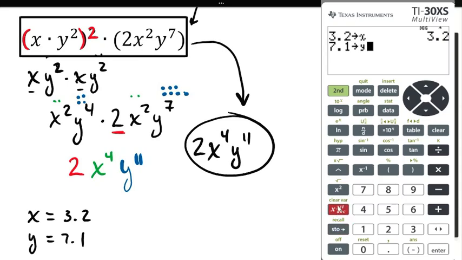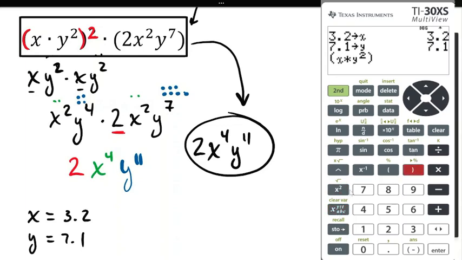And you can see when you hit this button multiple times, it gives you different variables. So it gave me x, and the next would be y, z, t, a, b, c. I'm just using y, and I go boom. So now I've stored these two values, and I'm going to type in my original, the problem I was given, which was open parentheses, x, and then times a y raised to the second power.